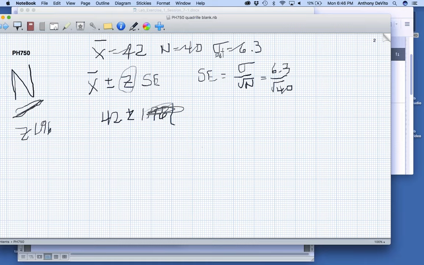Yep, 1.94 plus or minus 1.94. So our confidence interval is going to be 40.06, right? And 43.94. Thank you very much.